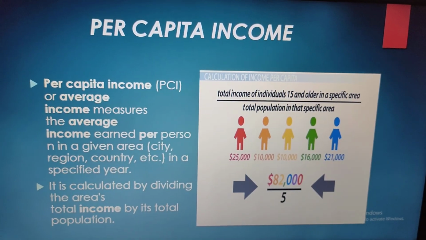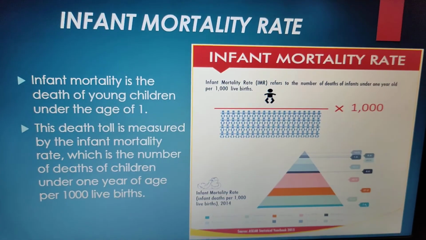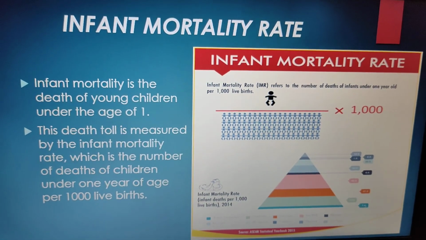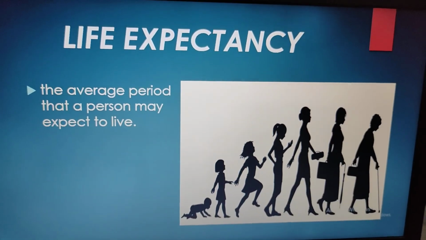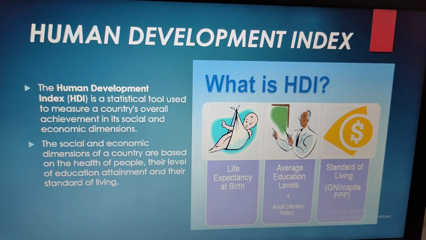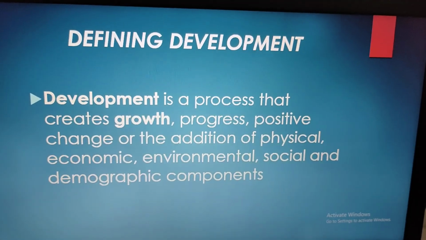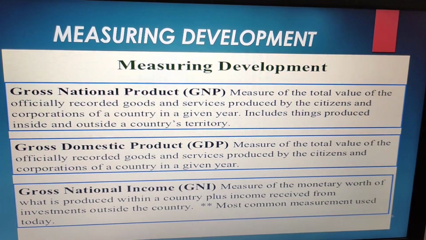Then we have discussed per capita income, literacy rate, infant mortality rate, attendance ratio, life expectancy, gross enrollment ratio, and human development index. Then we have finally defined what development is.